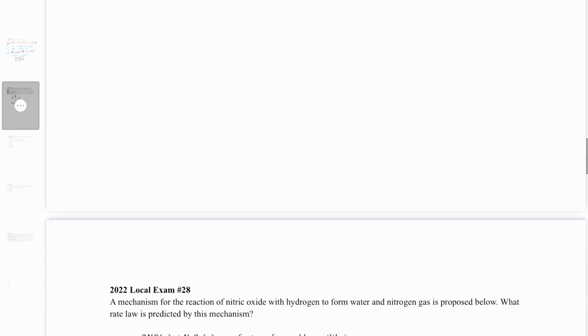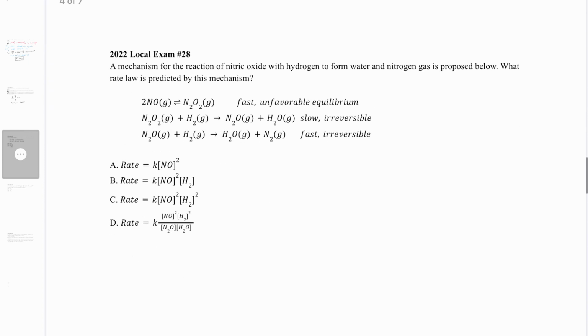Let's go to 28. A mechanism for the reaction of nitric oxide with hydrogen to form water and nitrogen gas is proposed below. What rate law is predicted by this mechanism? So let's write out the reaction that we're dealing with. We can just look at the reaction mechanism that we're given.